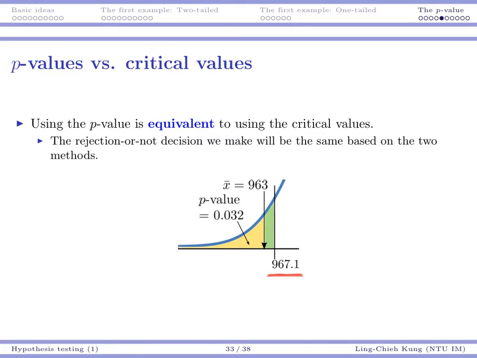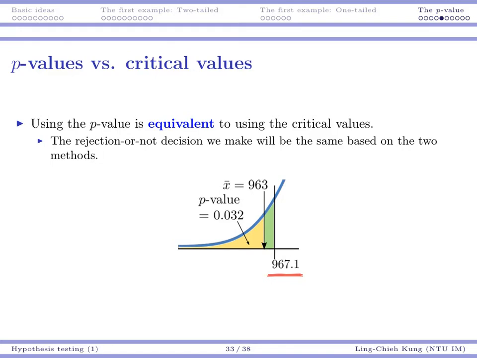The p-value method is exactly the same, or equivalent. When we get one value, we calculate the tail probability, 3%. 3% is less than 5%, and that must mean 963 is left of 967. So the reject or not decision we make will be the same based on the two methods.